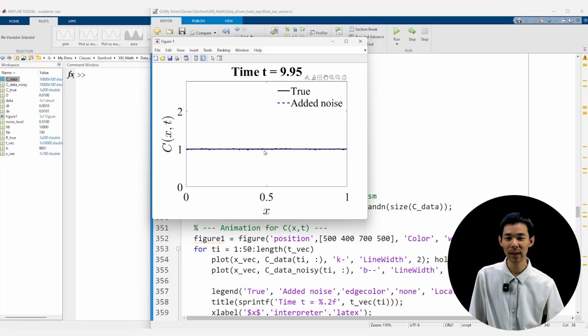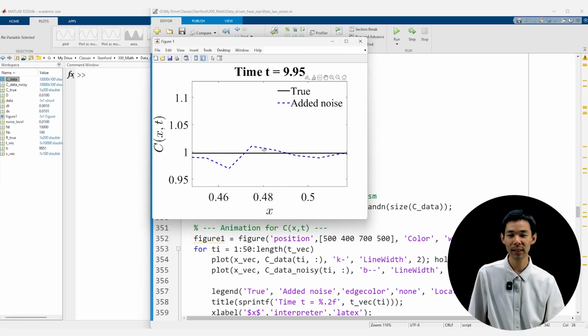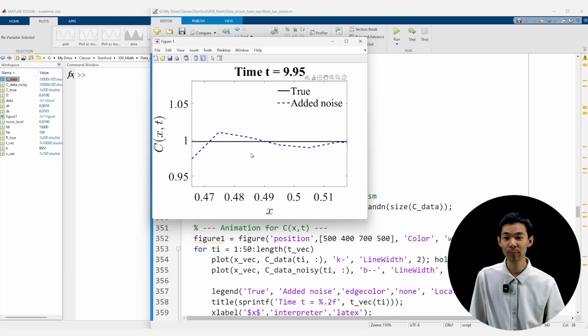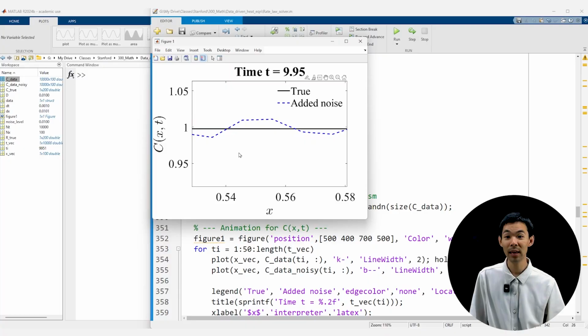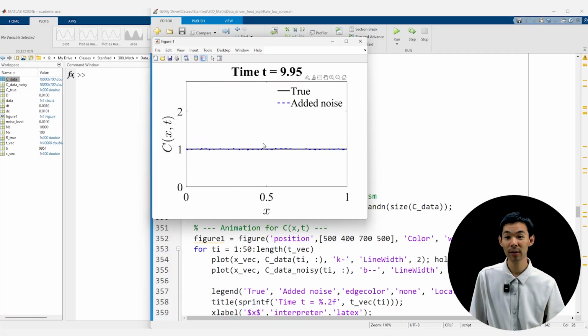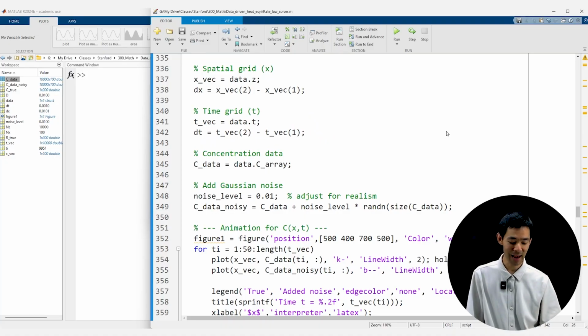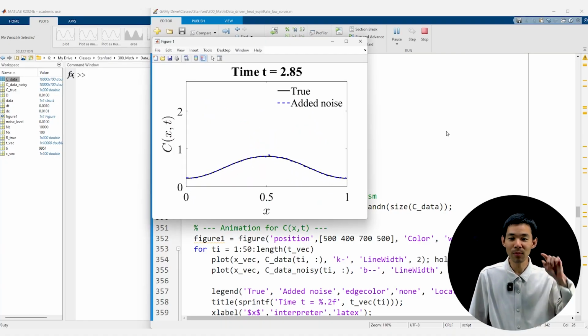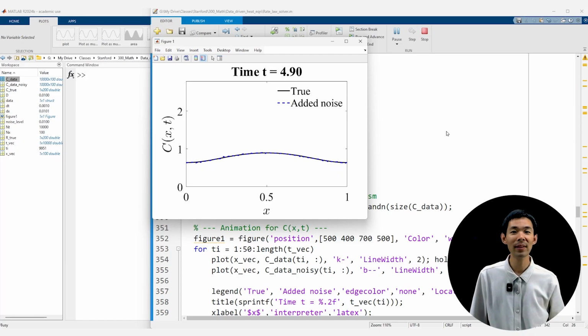And let me just zoom into this plot so you can actually see it. All right, so now we're actually seeing the differences. So the black line is the true clean deterministic data set. And these dashed blue lines are the added noise data. So you can see there's a little bit of noise throughout the entire curve, but it's actually not that bad. Right? You see some ripples here and there, but the noise is not that big.